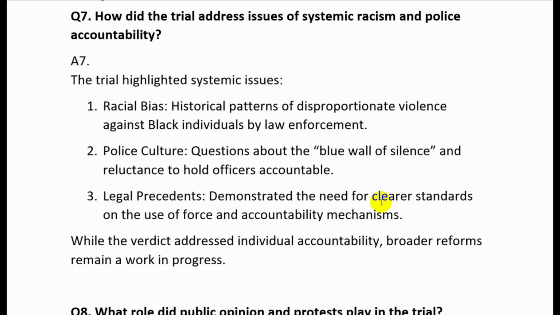Legal precedents. This incident demonstrated the need for clearer standards on the use of force and accountability mechanisms. While the verdict addressed individual accountability, the broader reforms remain a work in progress.